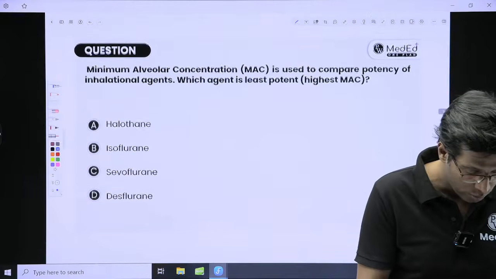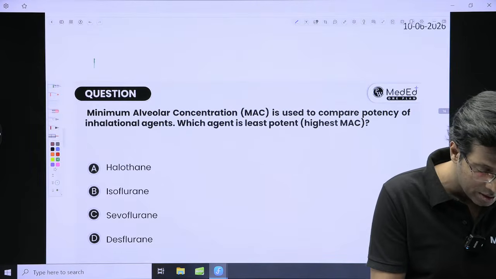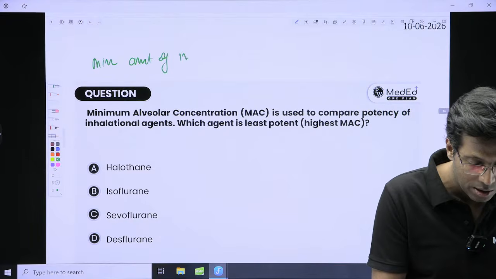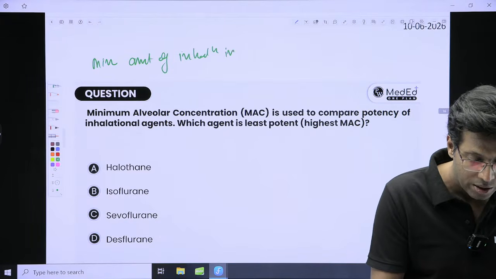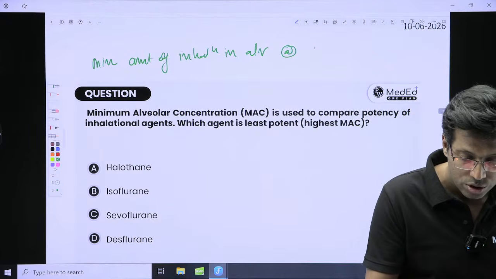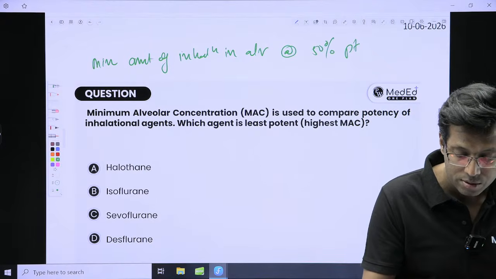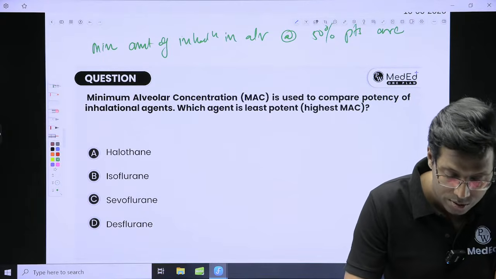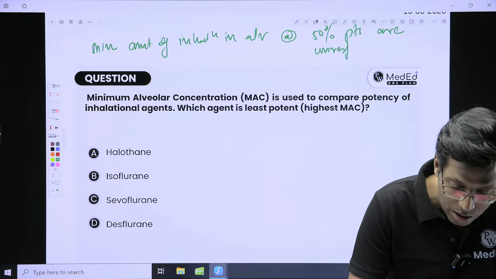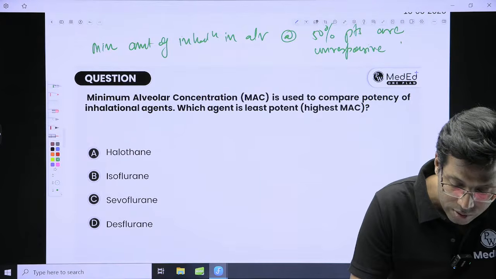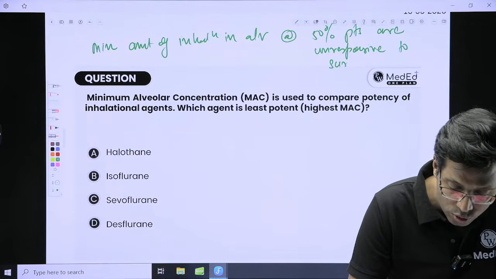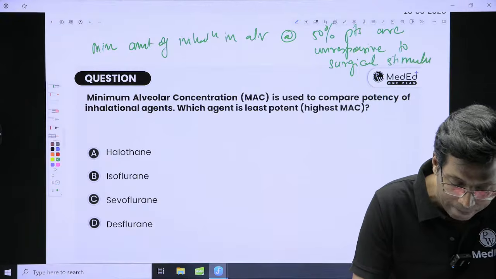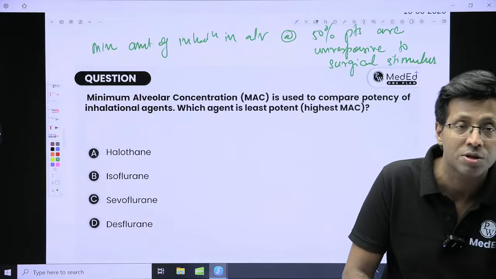If you look at the definition, it is the minimum amount of inhalational agent in the alveoli at which 50% of the patients are unresponsive to surgical stimulus, meaning they are not responding to surgical stimulus. That is the definition.